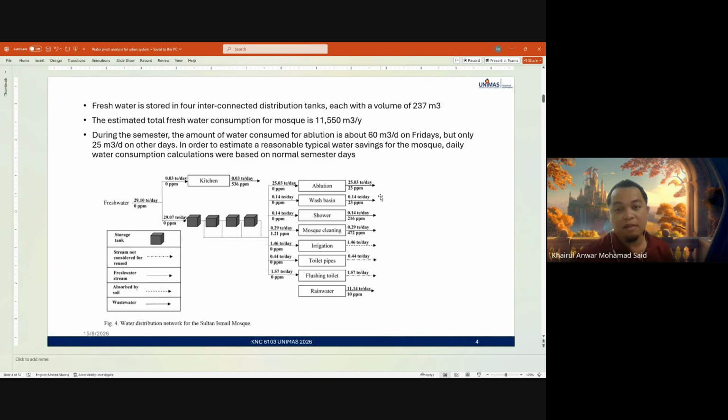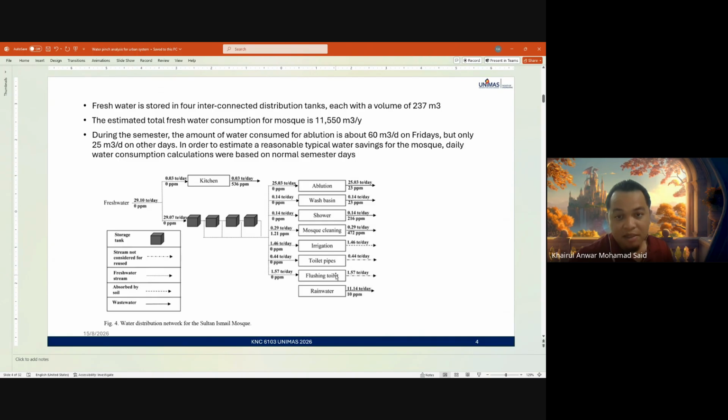After our calculation, these two water streams can be reused, for example for flushing the toilet.